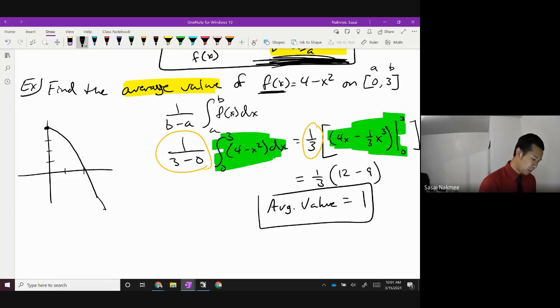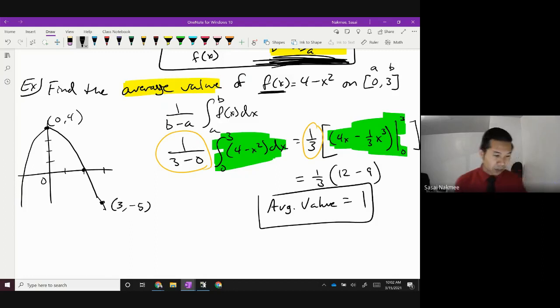So this is going to go from 0, and at 2 it crosses right here, but we're calculating the average value from 0 all the way to 3. And if I plug in 3, 3 will be down here, so this right here will be 3 comma -5. And over here we have 0 comma 4, right?